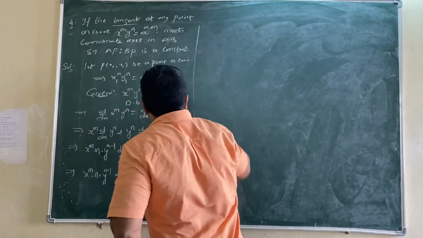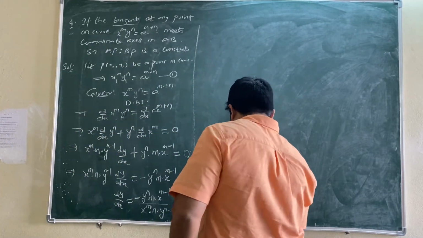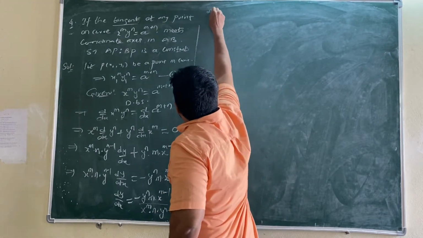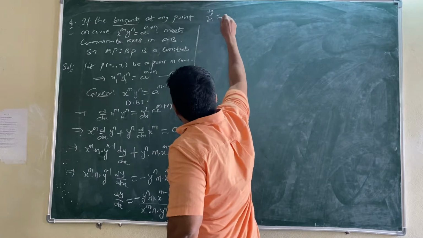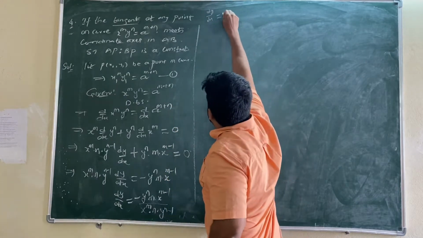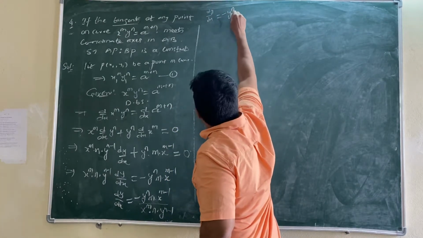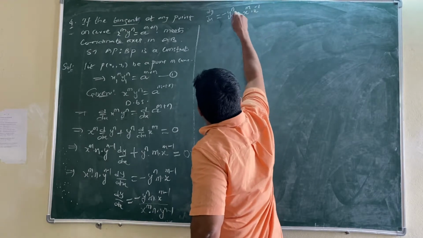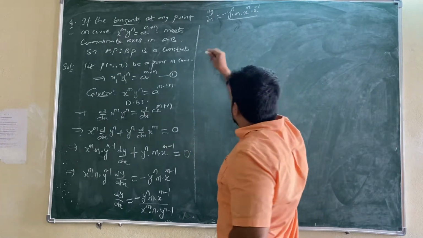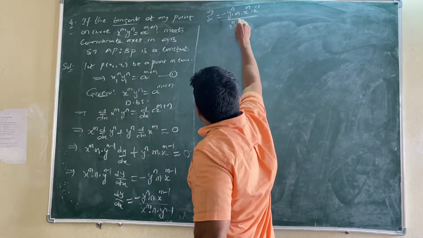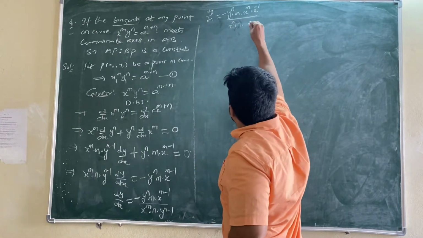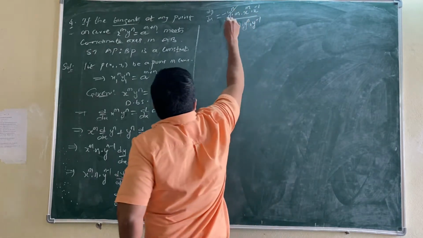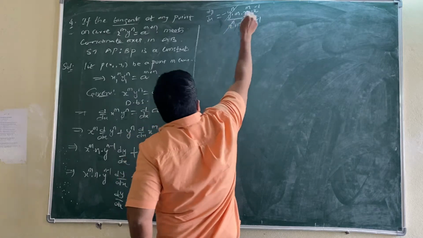How to simplify? dy by dx equals minus y^n m x^(m-1) divided by x^m n y^(n-1). y^n cancelled, x^m cancelled.